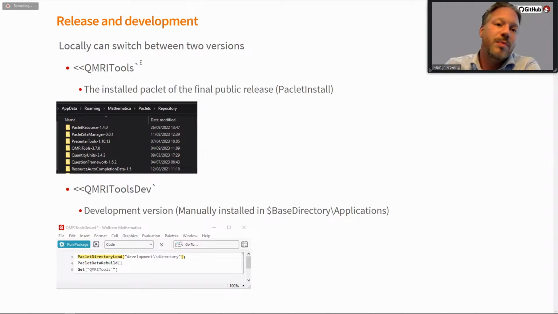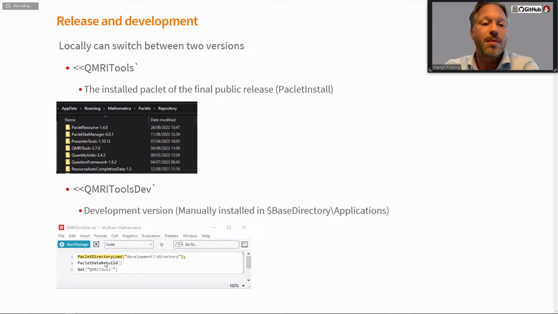So locally, I typically work with two versions. The default QMRITools that's installed in the Paclet repository is the one that I make public, but typically I work in a development version. The development version is just my local repository, which you can load by using Paclet directory load, Paclet data rebuild.